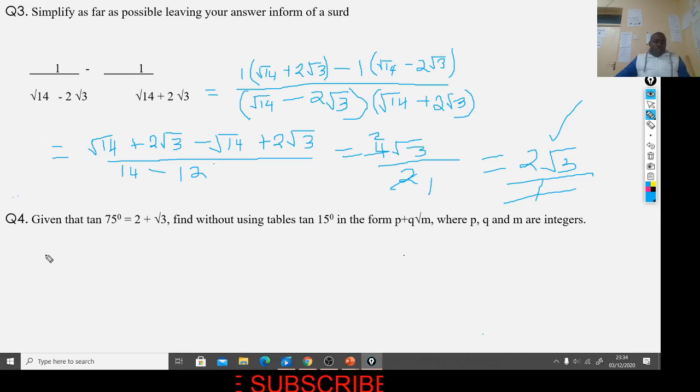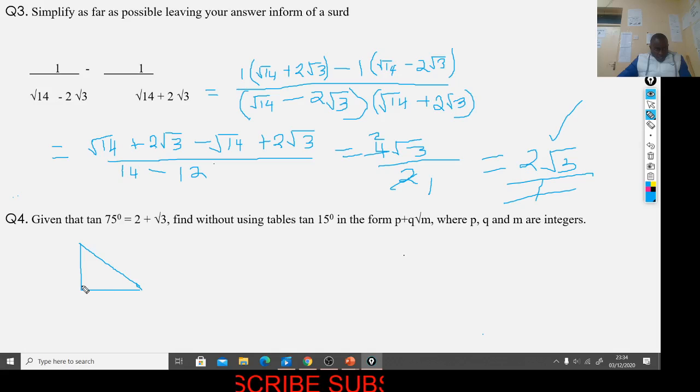Now you are given a question like: given that tan of 75 is 2 plus root of 3, find, without using tables, tan of 15 in the form p plus q root m, where p, q and m are integers. Now what you do, for tan of 75, you draw a right angle triangle. Remember this is 90.